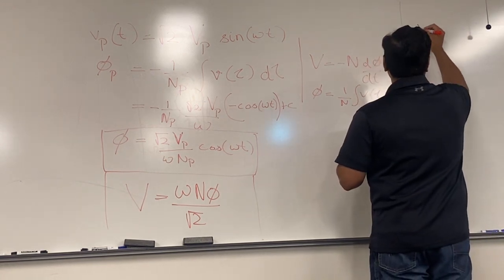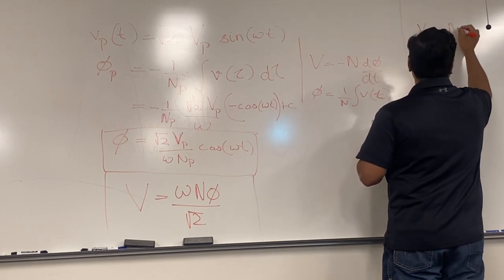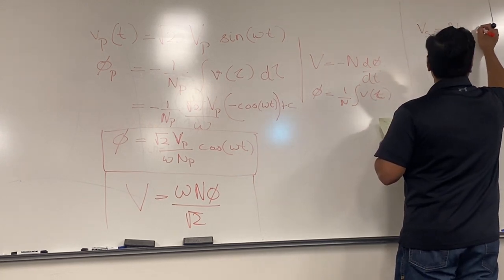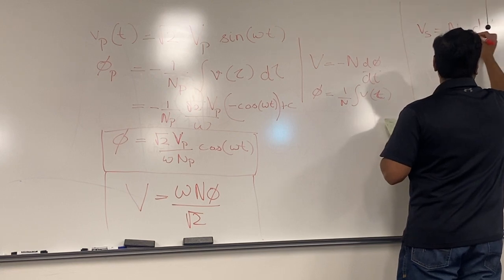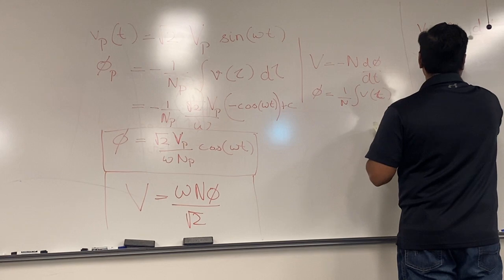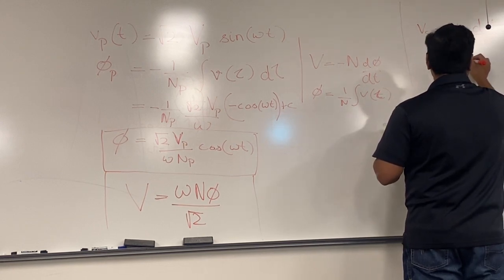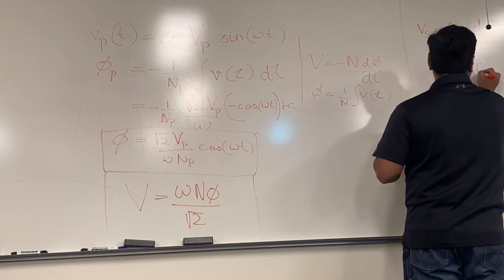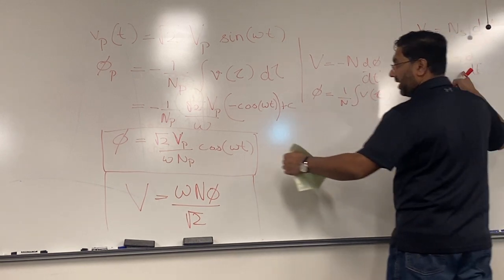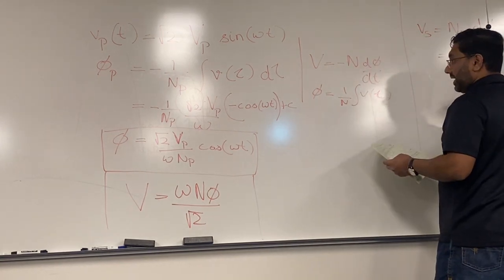So on the secondary side, we have VS, same deal, NS. All that I'm doing is I'm picking up this V from here and dropping it in here because the flux is actually shared.